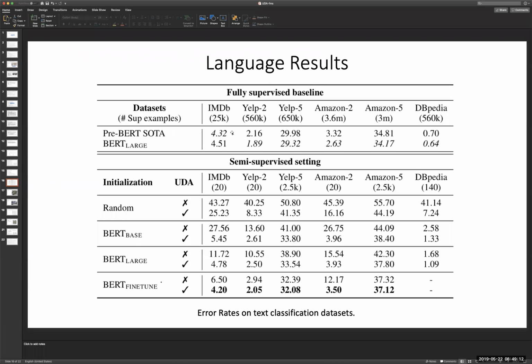But BERT large does 4.51, so pretty close. However, if you look at all the others, BERT is superior. So in some, I guess you would say, BERT is now maybe the state of the art. So those are the baselines using fully supervised data. In some cases, it's quite a bit of data, 560K, for example, here.